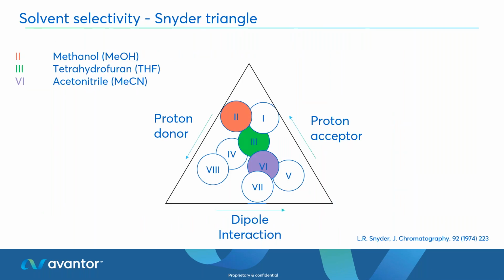There are alternative solvents to acetonitrile, of course. We spent a lot of time trying to find alternatives to acetonitrile when it was in short supply, when we had the acetonitrile shortage a few years back. But a lot of the solvents we look at for LC have different properties.